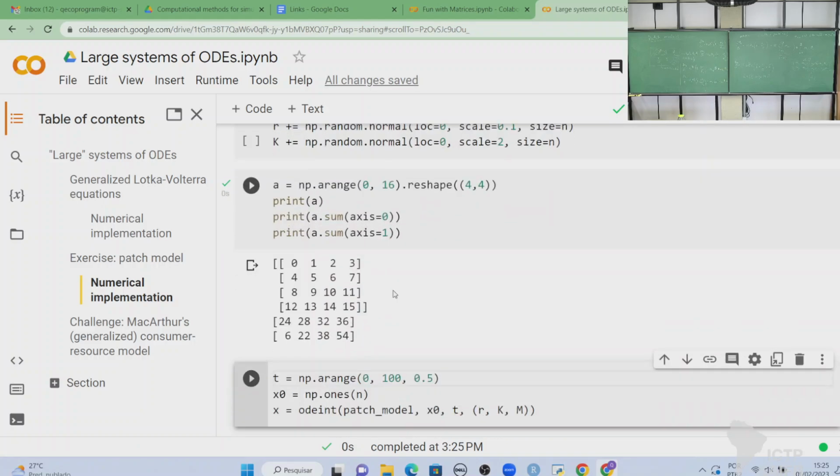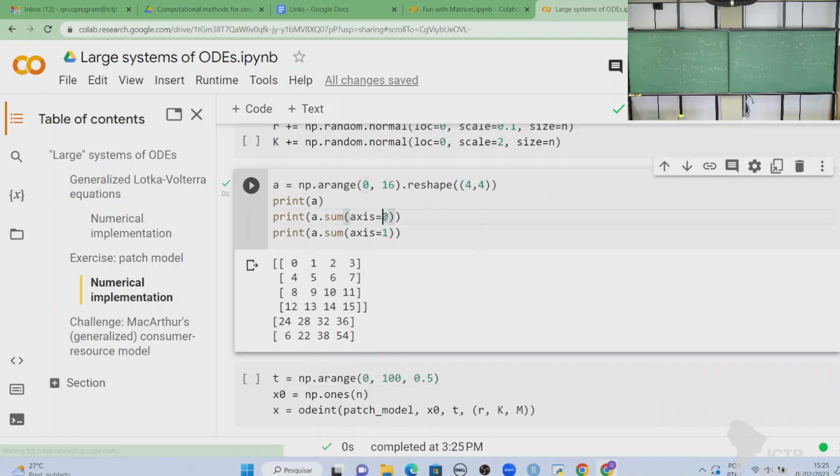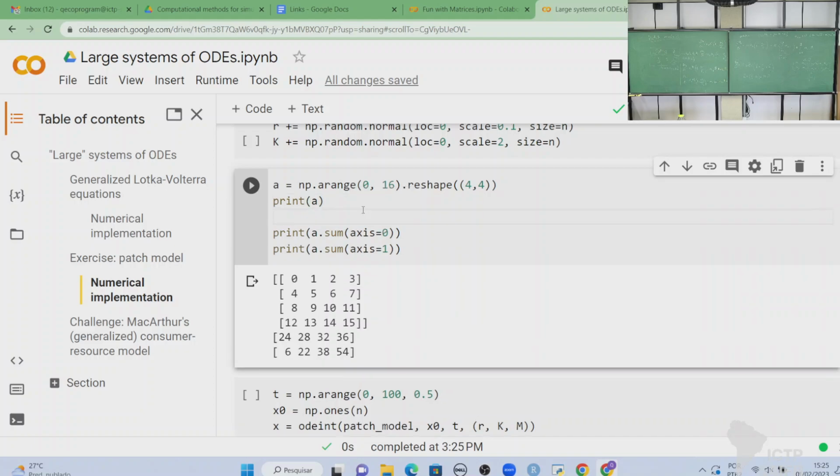You see? So here I sum with axis equal to 0, right? Oh, sorry, let me print a little bit more carefully.